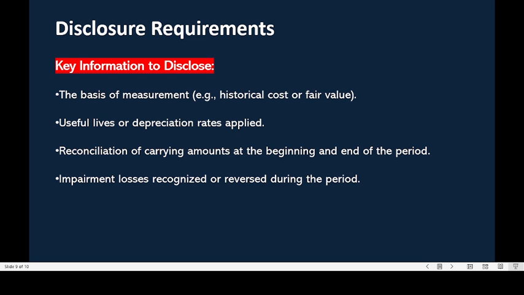For example, for property, plant, and equipment, IAS 16 requires entities to provide details on additions, disposals, and depreciation expense. Such disclosures give stakeholders a clear understanding of how the company manages its resources.